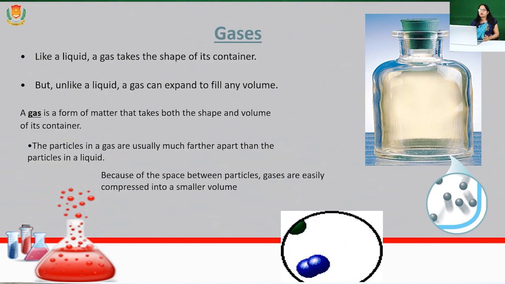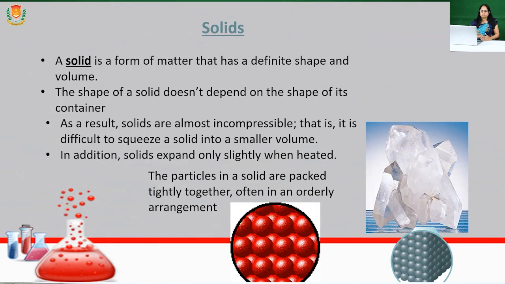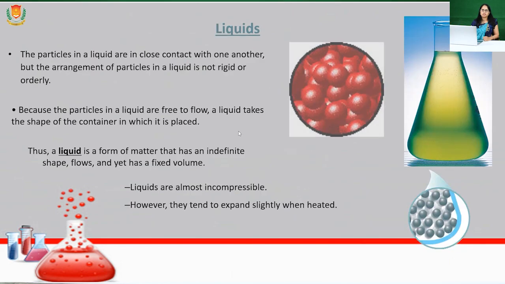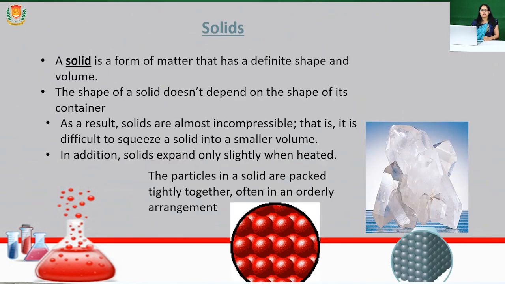When we study solids, the first point is that we study the properties of solids. Solids have a specific lattice structure in which the arrangement of atoms or molecules is fixed.